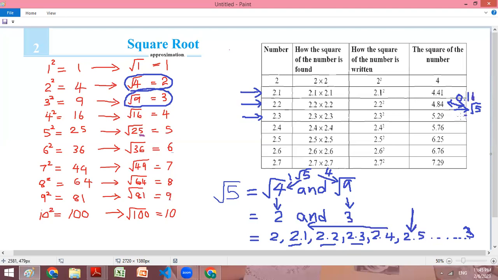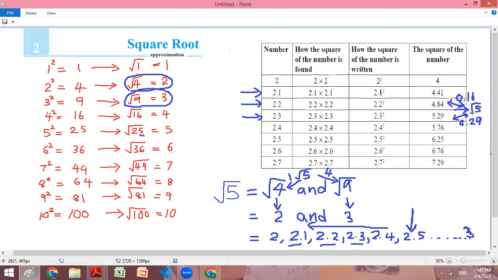The difference between 5 and 5.29 is 0.29. Therefore, it is closer to 4.84 than 5.29.